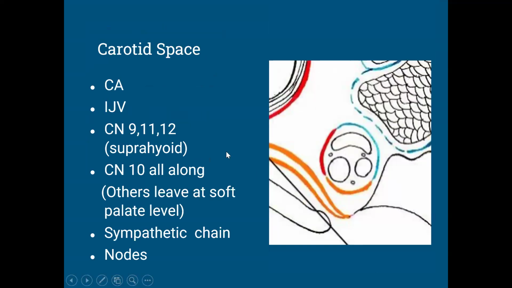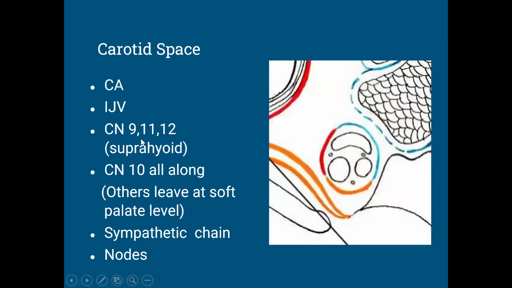The contents of the carotid space include the carotid arteries, the internal jugular vein, and cranial nerves 9, 10, 11, 12. The cranial nerve 10, vagus nerve, is located all along the carotid space in the suprahyoid as well as in the infrahyoid portion.